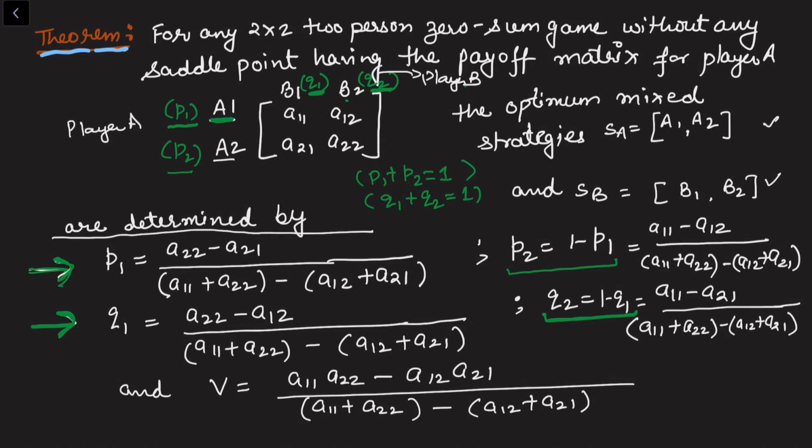Now let us see what P1 is. To calculate P1, which is the probability of the first strategy, we subtract A22 minus A21. For this we look at this column, A22 minus A21, and in the denominator we have something like a determinant, but here the quantities are actually added.